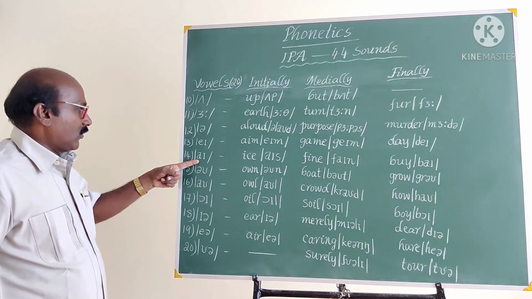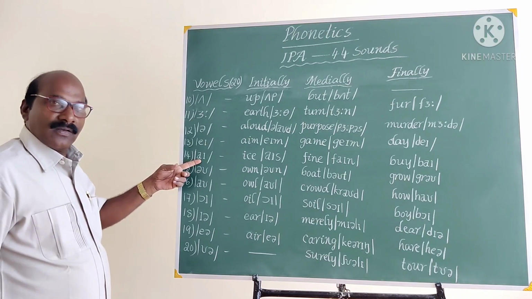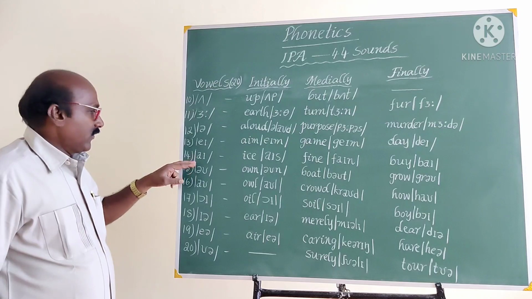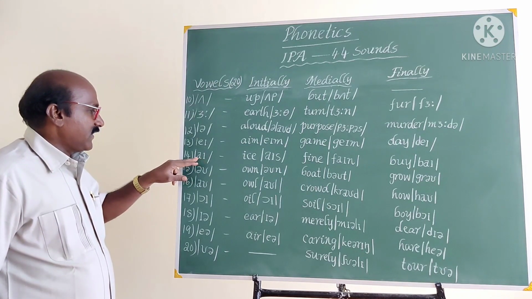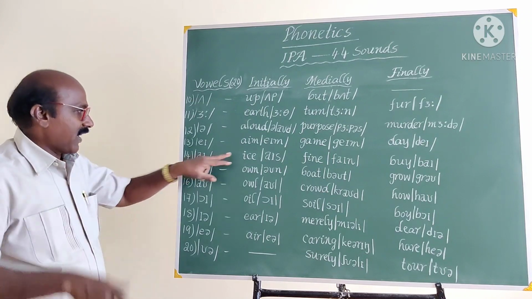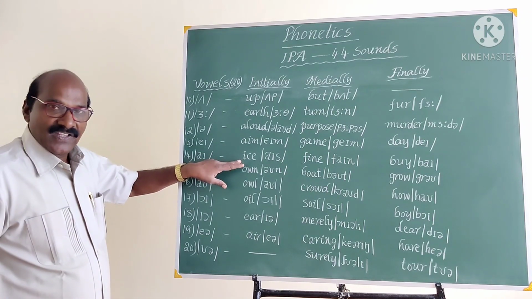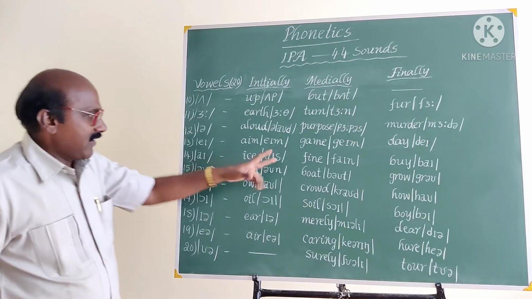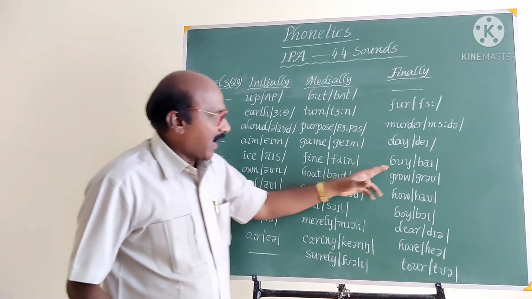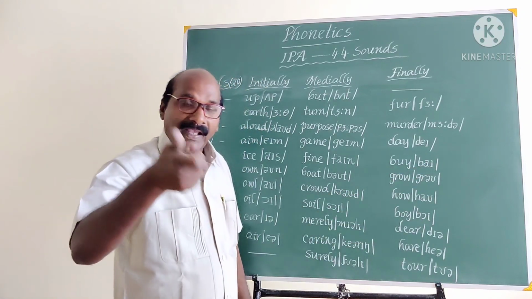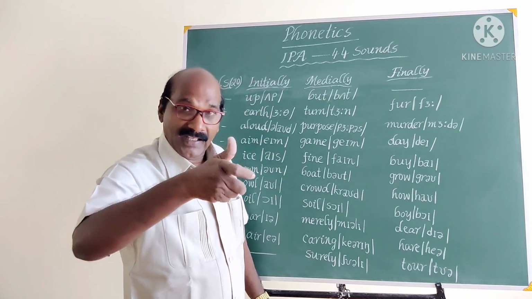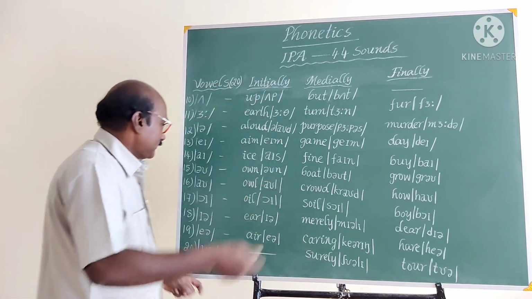And the other diphthong, which is a part of a vowel: this is A, from A to E. This is A and this is E. I, as in eyes. Initially it occurs as in eyes, medially as in fine, and finally as in by. It is I, not by. A to E.